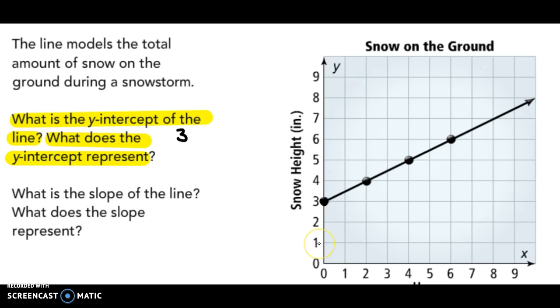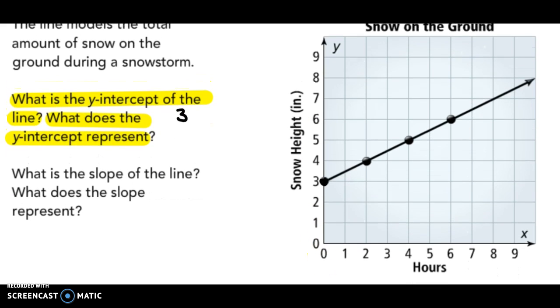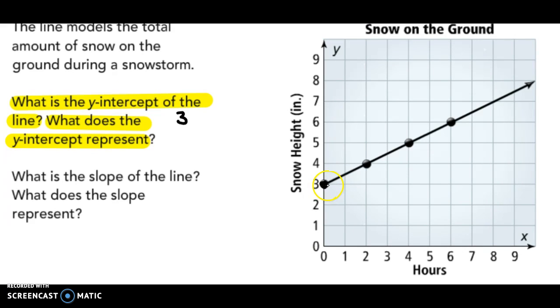Well, if we know that y is our snow height and our x value represents the hours, this tells us that at the beginning of the snow, we started with 3 inches of snow. So the start of snow began with 3 inches.